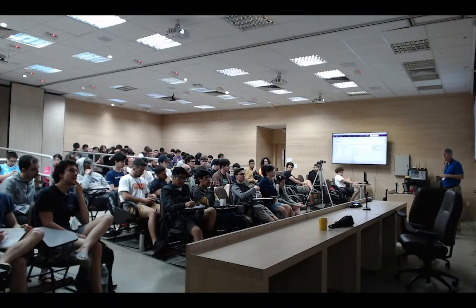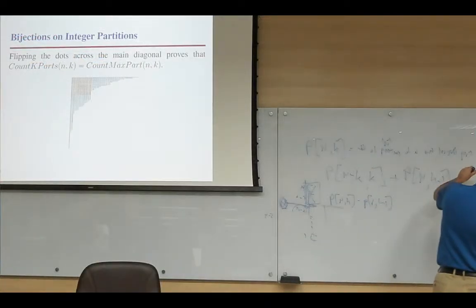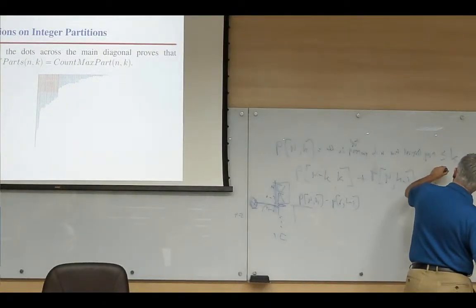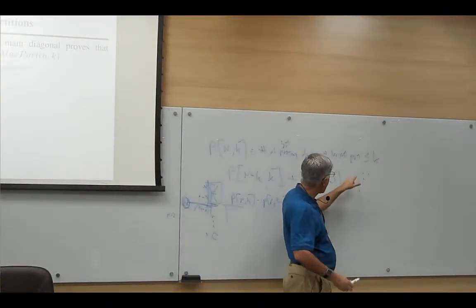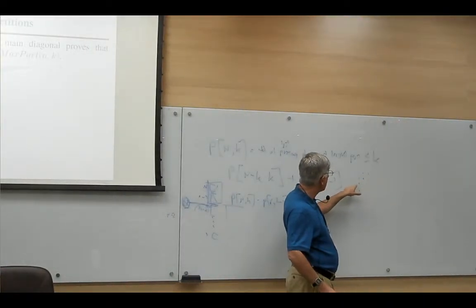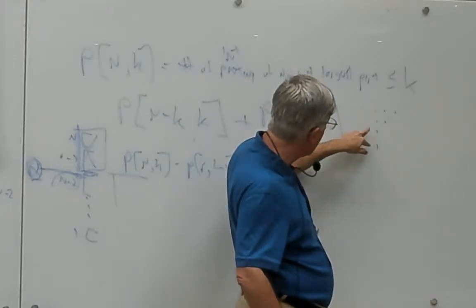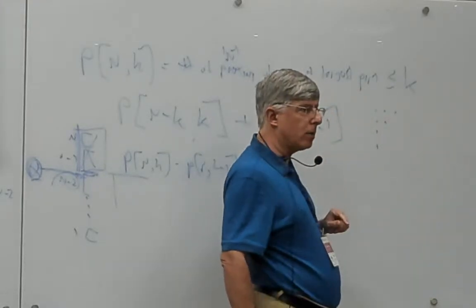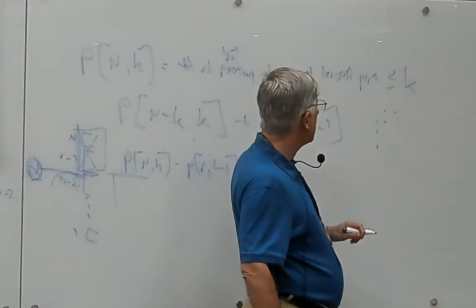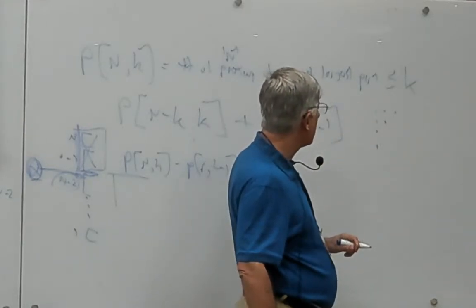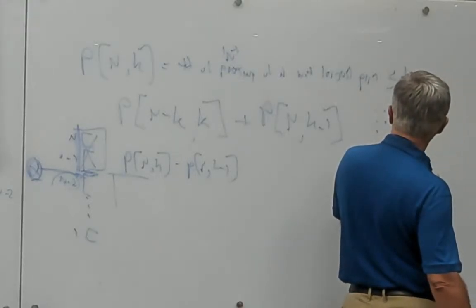Yes? Can you repeat the analogy one more time? Okay, so let's take a look at this partition. This is one where we have 3 dots, 2 dots, 1 dot, 1. That's a partition of 7, right? Now, what do I get when I reflect this along the main diagonal? I'm going to get something that looks like this, if I do this right.